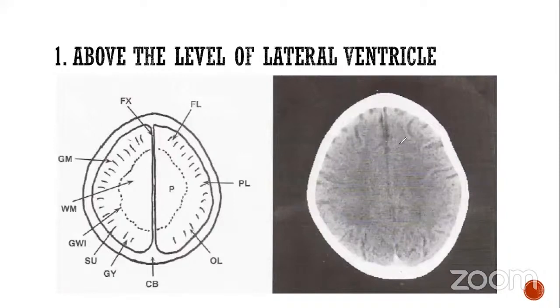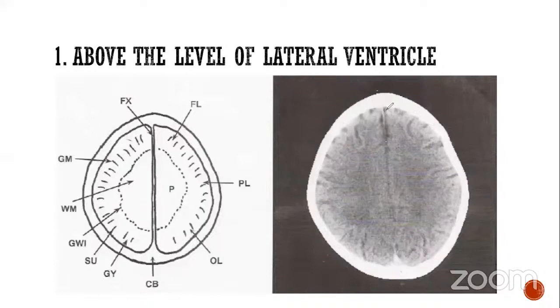The thickened anterior and posterior end of the line represents the cross-sectional views of the anterior and posterior part of the superior sagittal sinus.